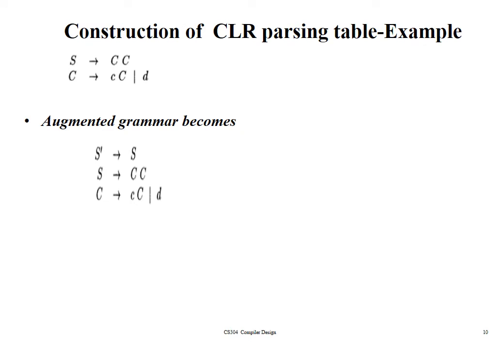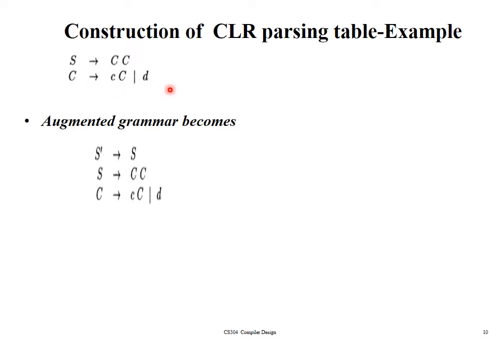Then this slide discusses an example of constructing a CLR parsing table. We are considering the productions S gives C C, C gives small c C or d. This is a university question usually asked for construction of a CLR parsing table.